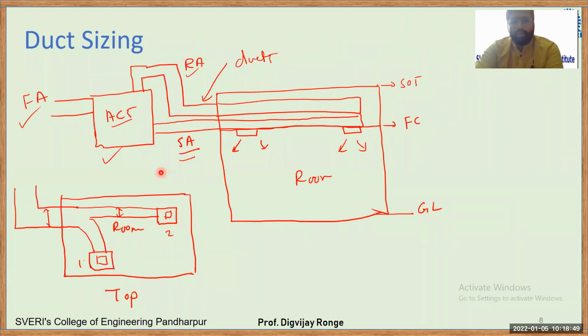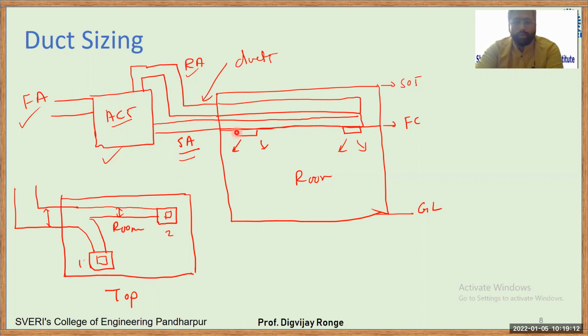Next comes the duct sizing. Ducts are the heat carrying mediums here. Air will flow through the ducts. For example, this is one AHU, air handling unit. There will be a fresh air inlet and a return air inlet. These two are mixed by adiabatic mixing. Then we have a supply air. Now the supply air will flow through the ducts.